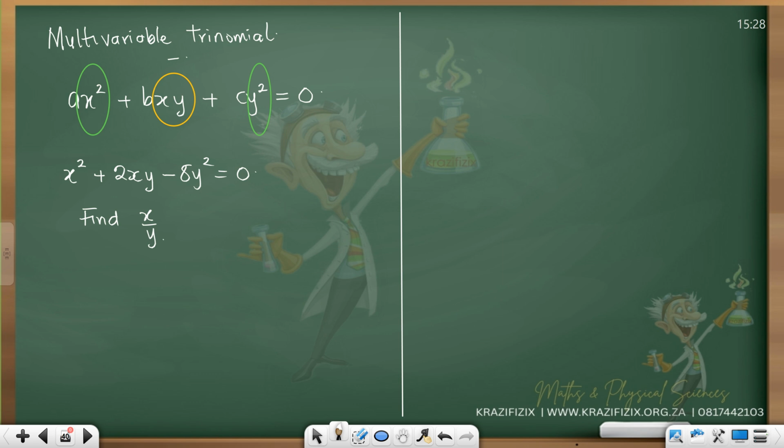We would not find x, we would not find y. We will be looking for the value of x over y. So what do I do? Good learners, don't even stress. Please, remove the y. Just remove the y. Look at what I'm going to do. Remove the y. Now let's solve.